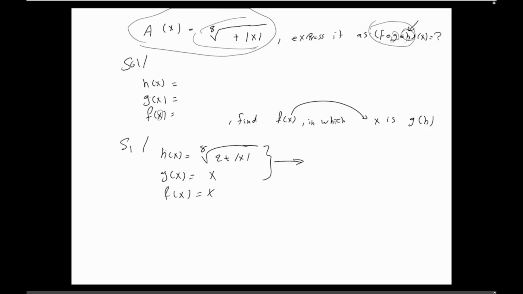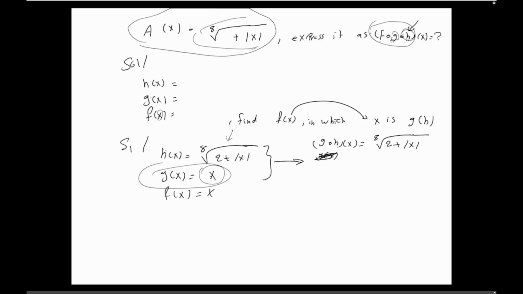First, I'm going to find g of h of x, in which g is a function of h. Instead of writing the x in g of x, we're going to write h of x instead. So we write the whole value for the absolute value. Yeah, we got g of x.